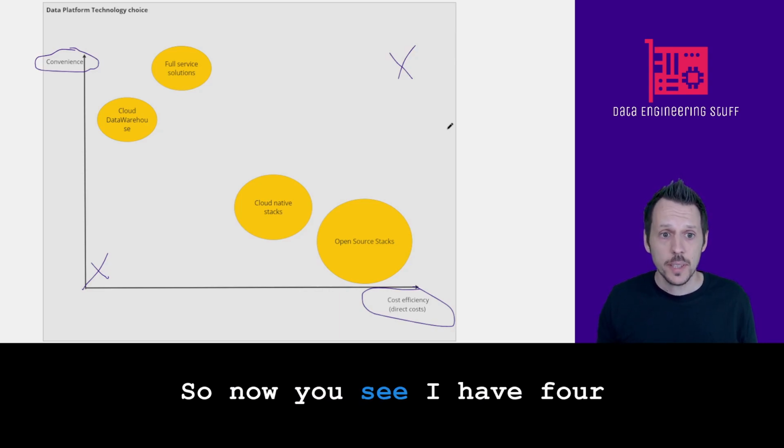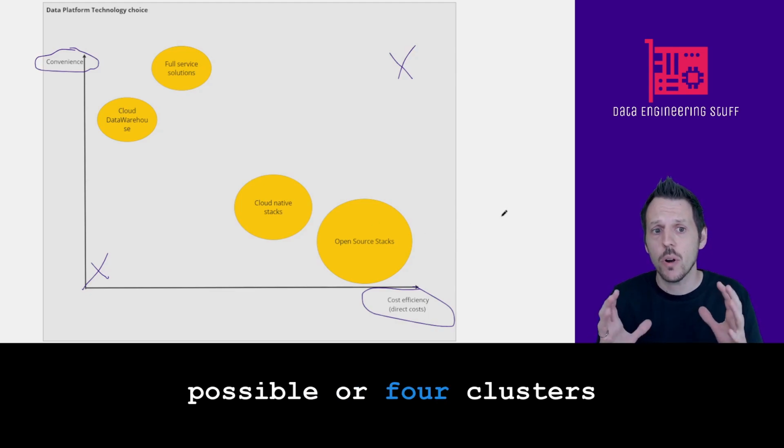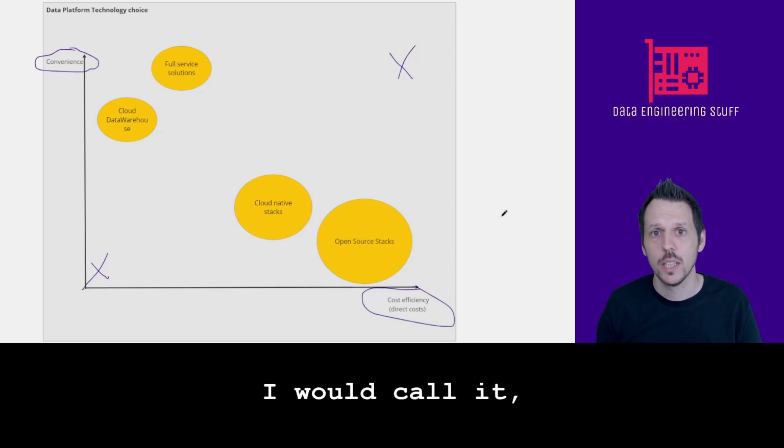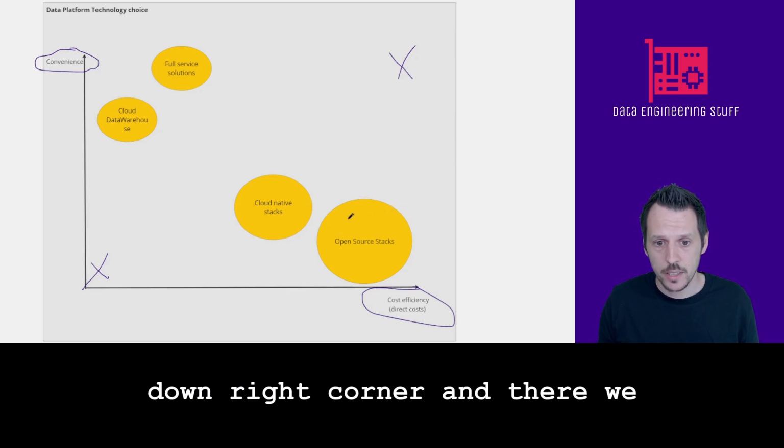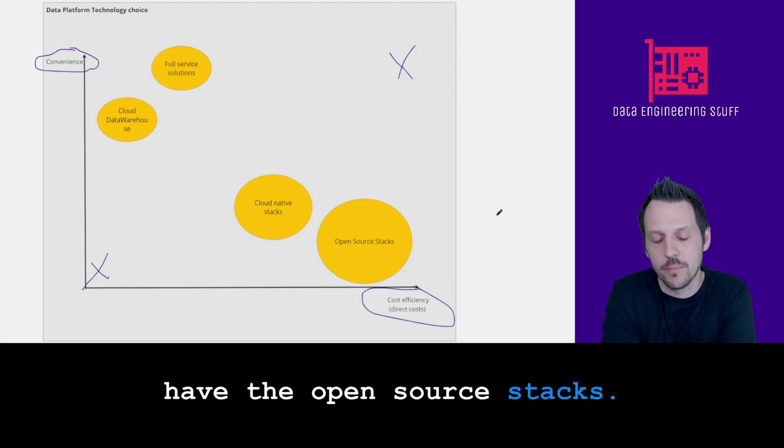So now you see I have four clusters, I would call it, for technologies you could go for. We start in the down right corner, and there we have the open source stacks.